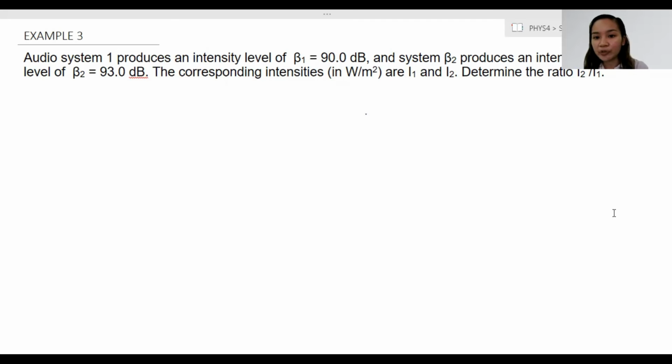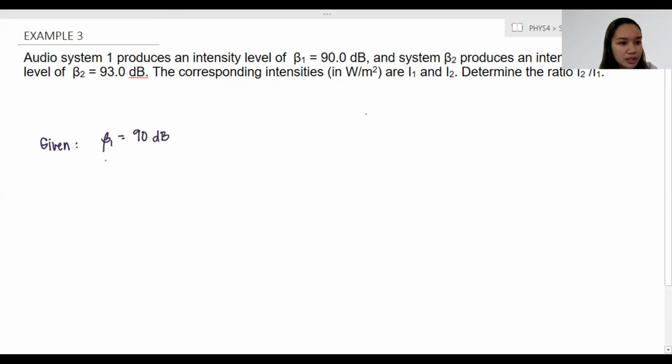So here, what we are going to do is determine ratios. Okay, so the first step here is to write the given, beta 1, that is 90 decibels, and beta 2, that is 93 decibels. Now we are going to look for the ratio I2 is to I1.